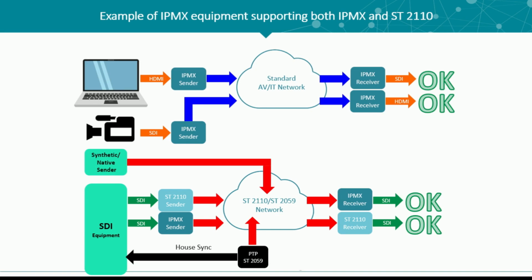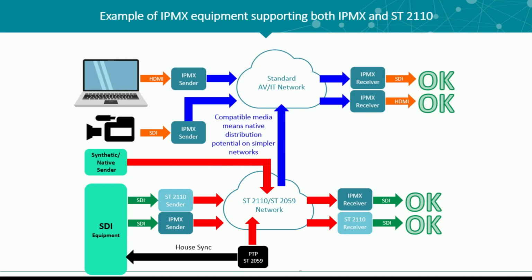So as you can see, the same IPMX equipment, provided it's IPMX equipment that supports 2110 media, could be used on both network types. But beyond that, you would be able to connect the switch running your red network to some of your Pro AV switches running your blue network, and you would have portability of the content from the red network to the blue network.